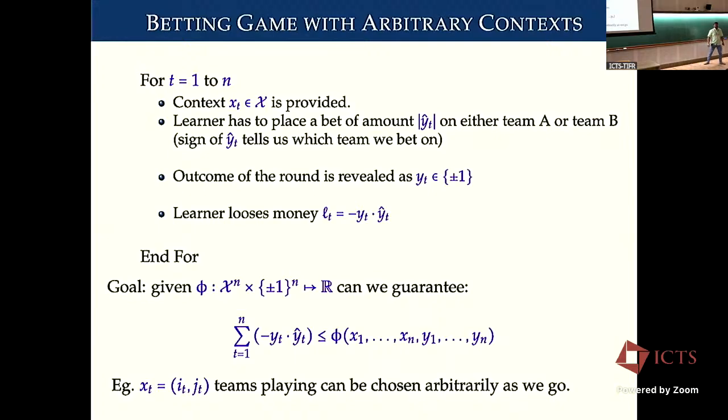So you're saying that now I want phi to not just be a fixed function of y1 through yn, but somehow also take in as context what happened in the past. And so this starts getting into more complicated strategies that you would want to compete against.